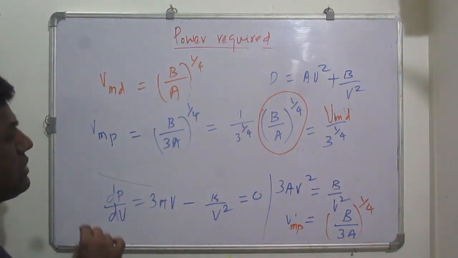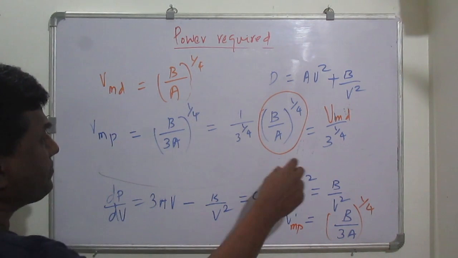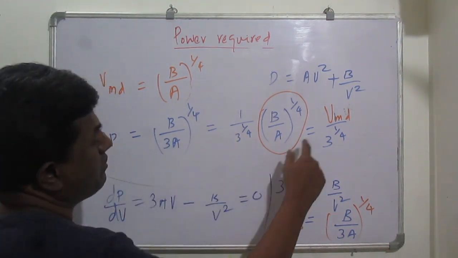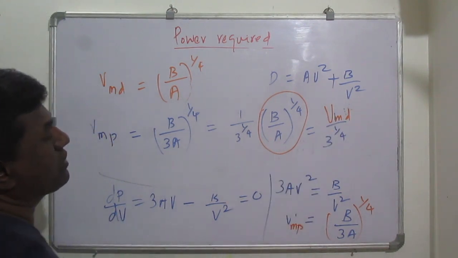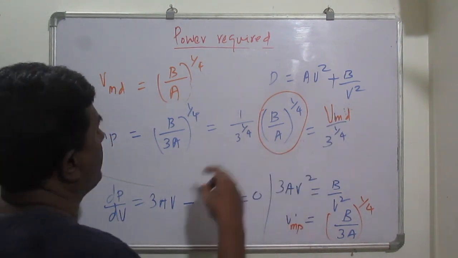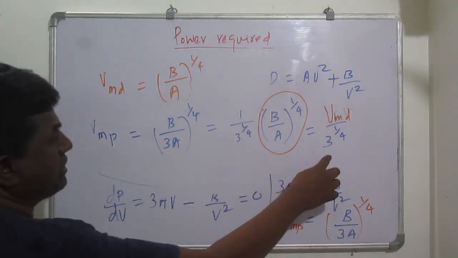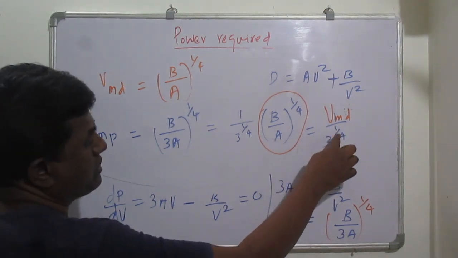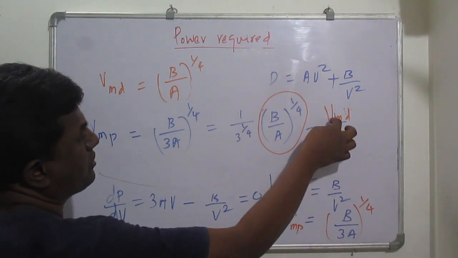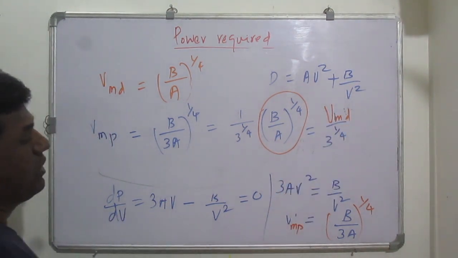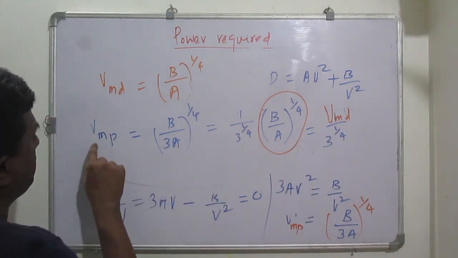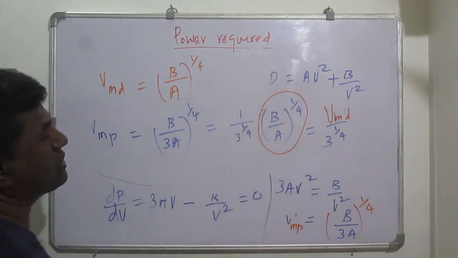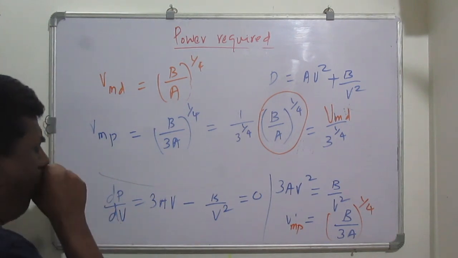So now we can understand the velocity at minimum power obviously will be smaller than velocity at minimum drag, because this term 3 power 1 by 4 is dividing the velocity at minimum drag. Because of that reason, the velocity at minimum power obviously will be smaller than the velocity at minimum drag.